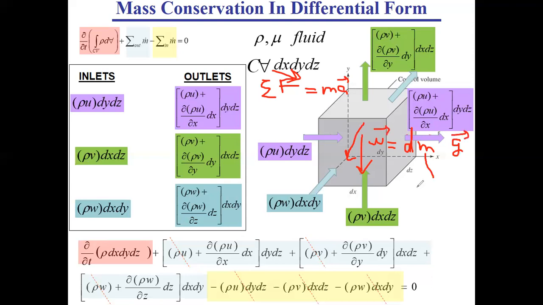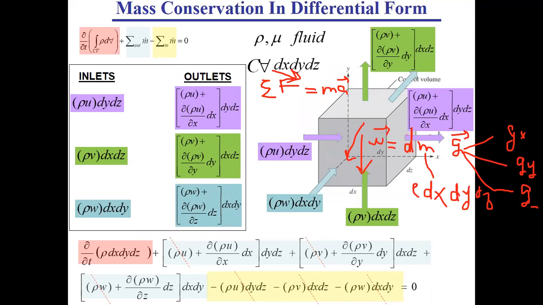And dm is rho dV, so it's rho times dx times dy times dz. And the g vector can be decomposed into x component, so you have gx, gy, and gz. If y is the vertical direction, then gy is minus g, and gx, gz will be 0. But since we are developing a general case, we can consider a random orientation for x, y, and z.